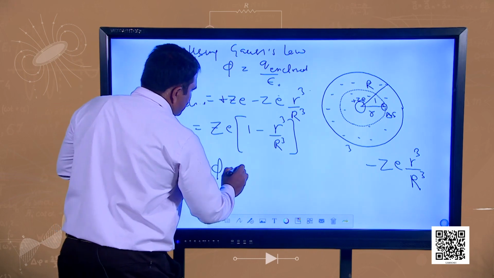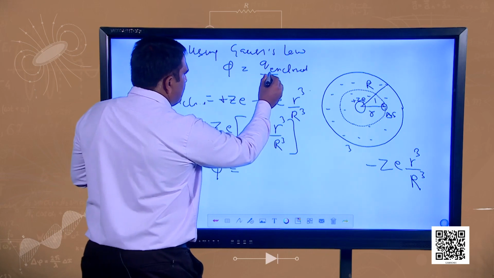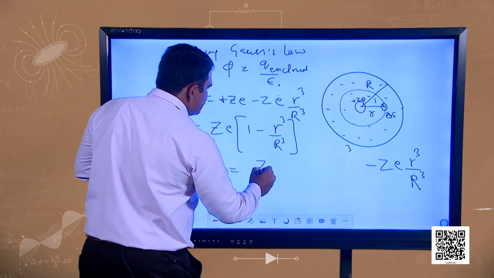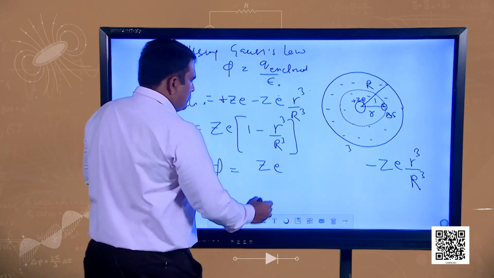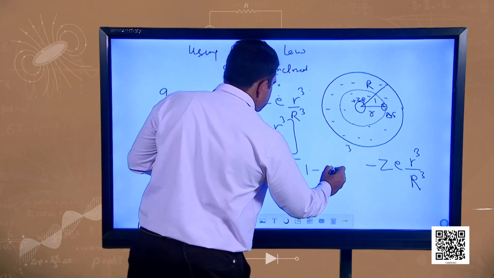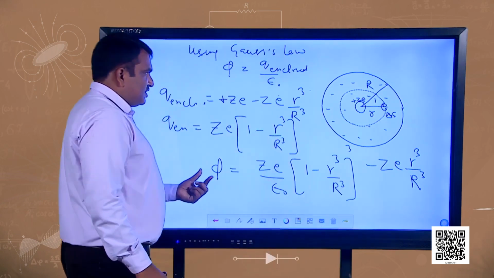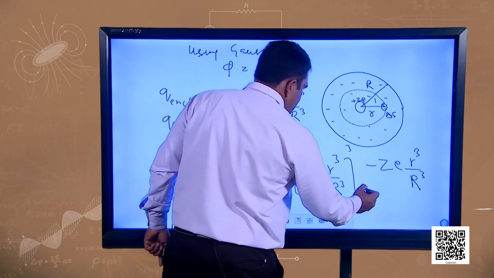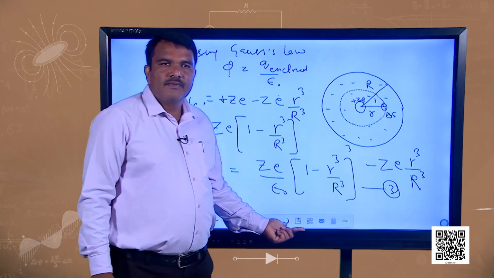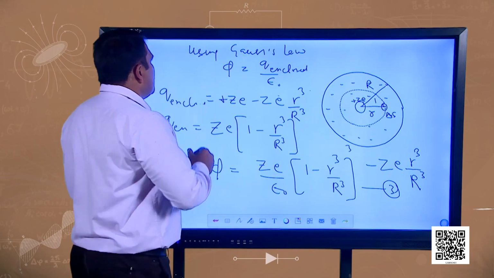So the total electric flux passing through the surface using Gauss's law, by putting the value of charge enclosed in this formula, we get ZE by epsilon naught into 1 minus r cube by capital R cube. This is the total electric flux using Gauss's law. And we have already found out electric flux using the general formula.